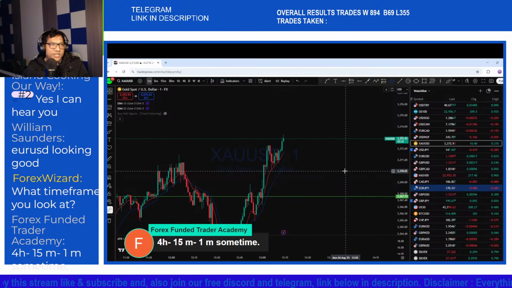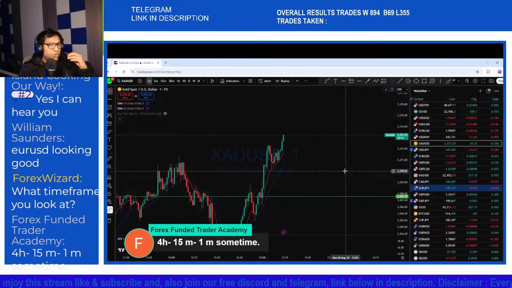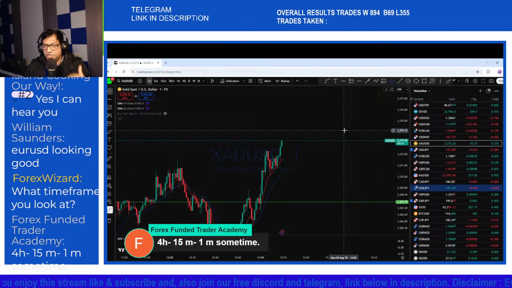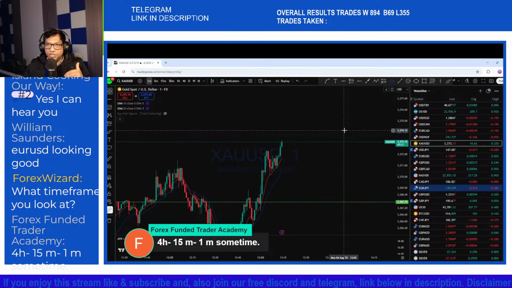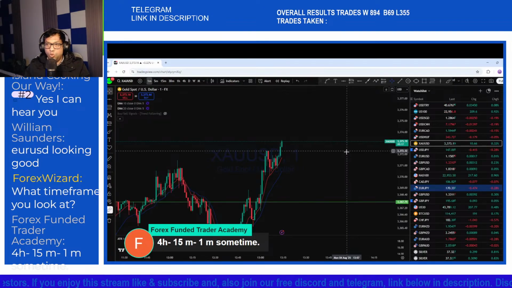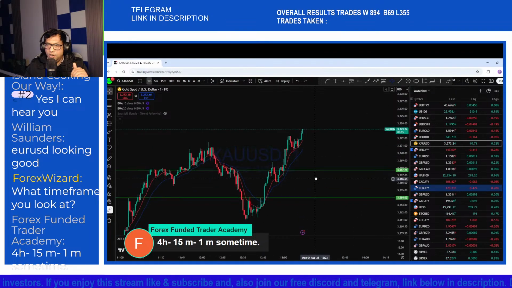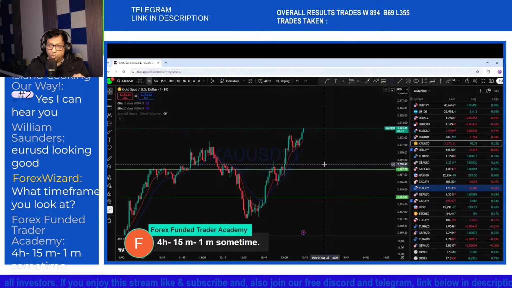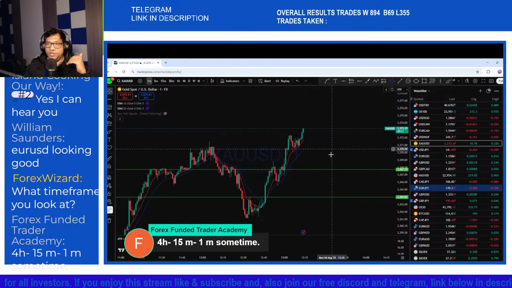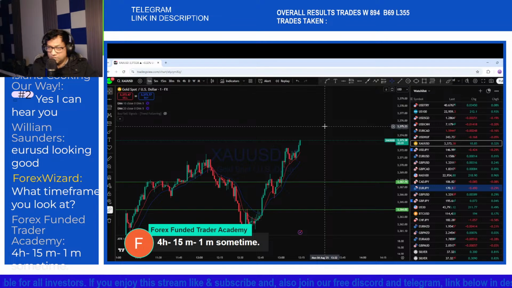Patience is key here, to look for a suitable entry. You need to be patient in the entry opportunity, especially in gold. When we are entering, we need to look for a suitable zone where there is a high probability move possible in this market.